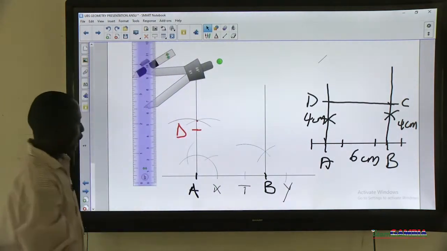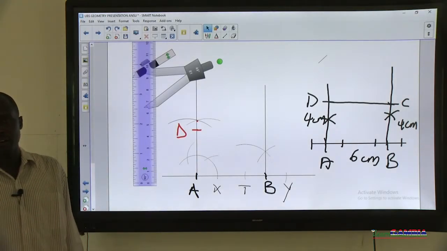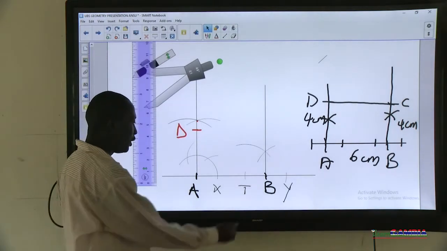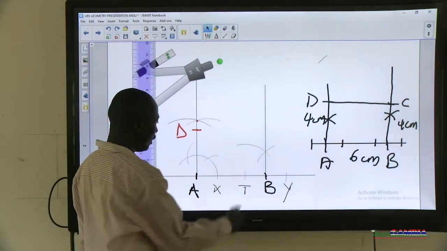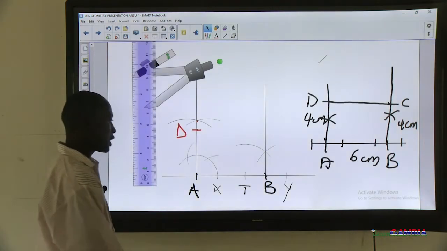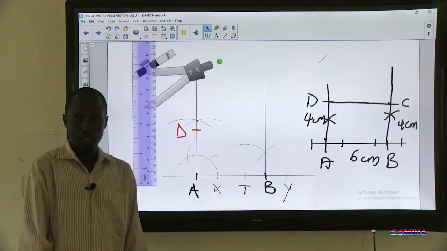Now, at point B also, we have constructed an angle of 90 degrees. What is the length between B and C? It is supposed to be also 4 centimeters because the opposite sides of a rectangle are equal.